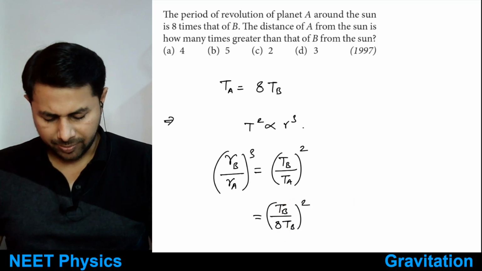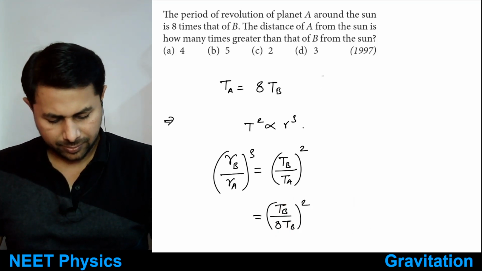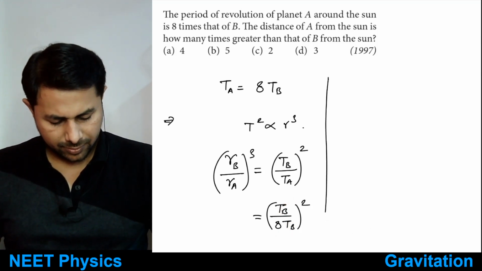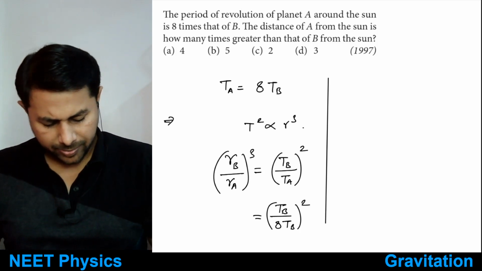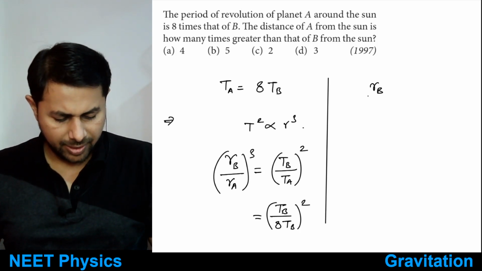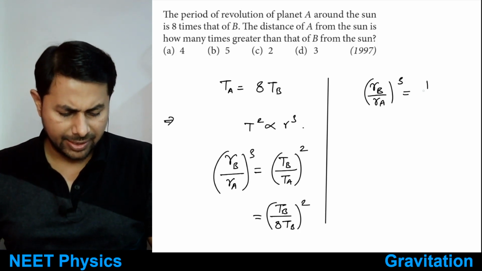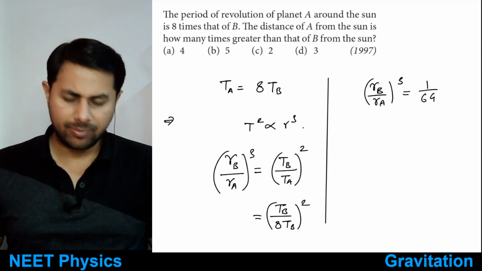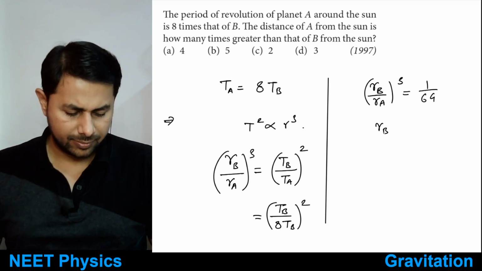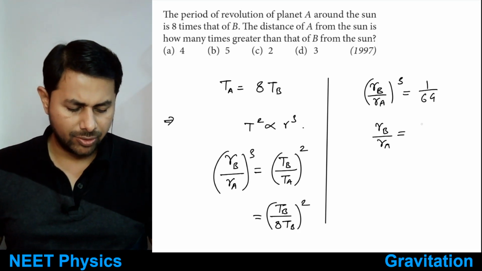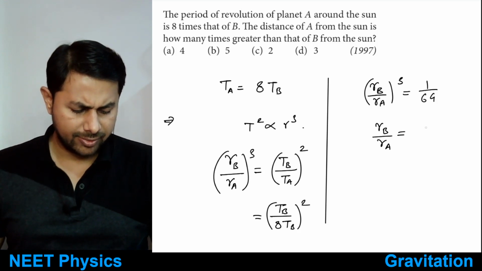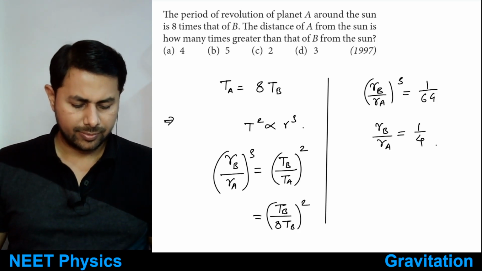And it is the cube of something. RB by RA cube is 1 by 64. Therefore, RB by RA is equal to the cube root of that, which is 1 by 4, right?